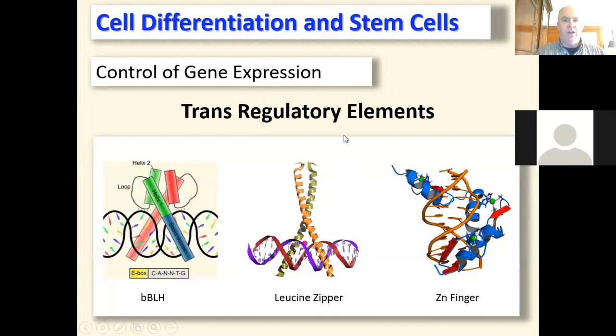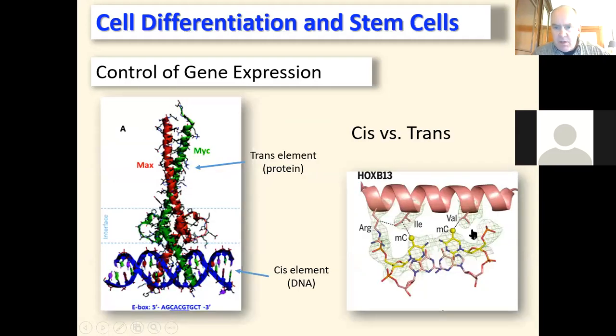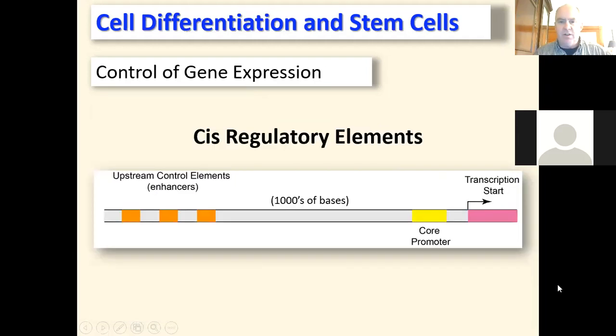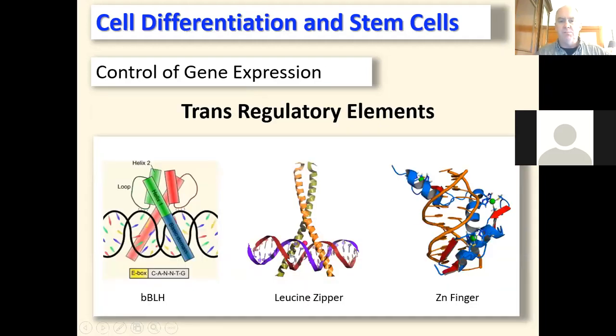And the trans factors are proteins, and they typically have an alpha helix, and the amino acids sticking off that alpha helix then interact with the bases themselves of the DNA, and it gives you a very specific interaction between those two, which means that the trans factor is only going to bind to specific sequences of bases.